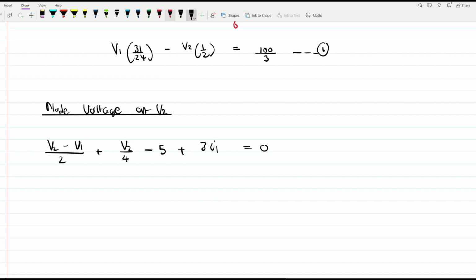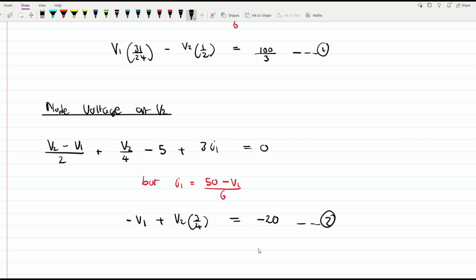So again, we have to remember that I1 is equal to 50 volts minus V1 divided by the 6 ohm resistor. So we're going to substitute that into the equation and then simplify our equation. You should get something like this, and then you're going to call this equation 2.